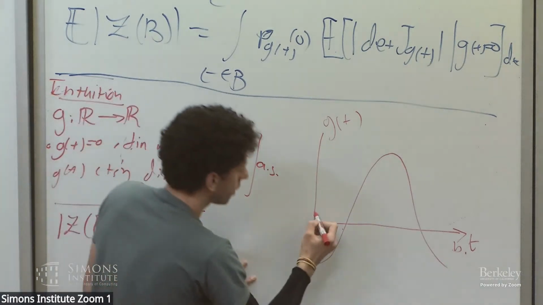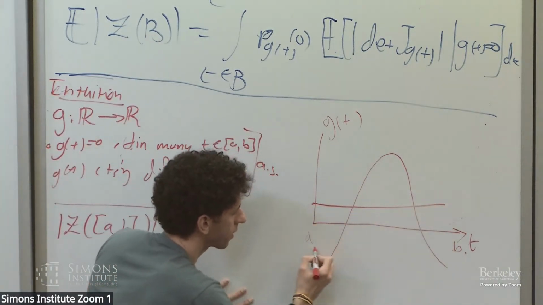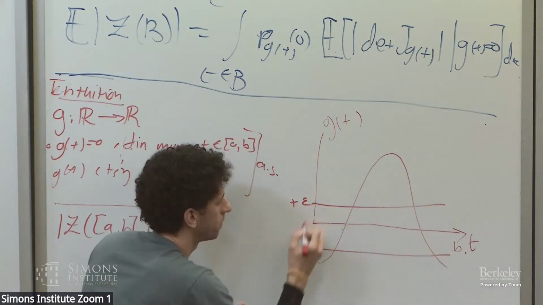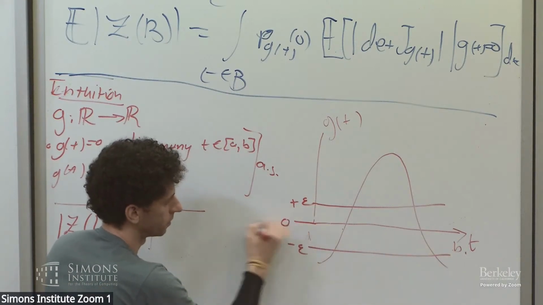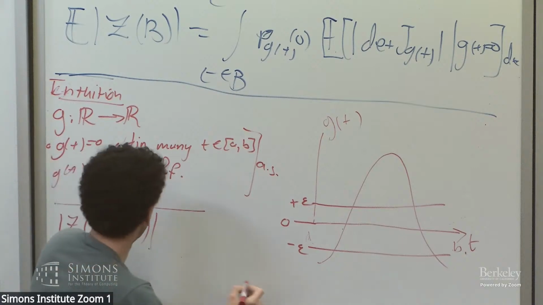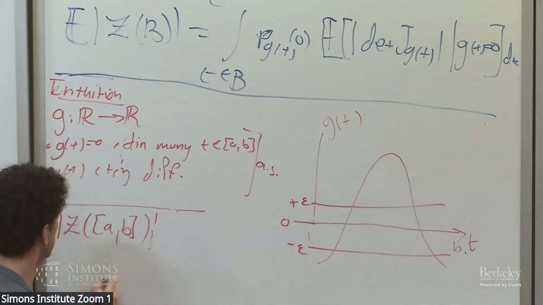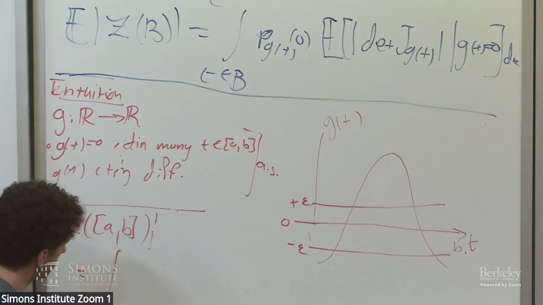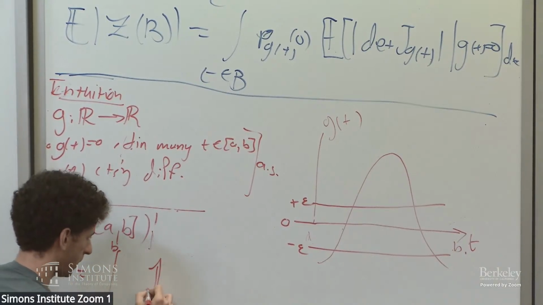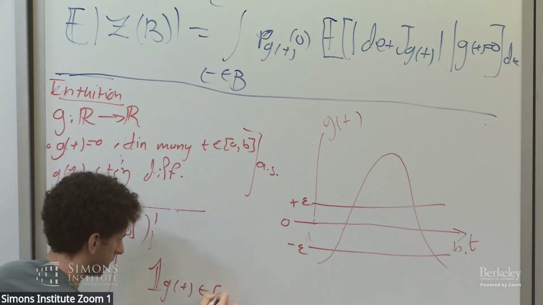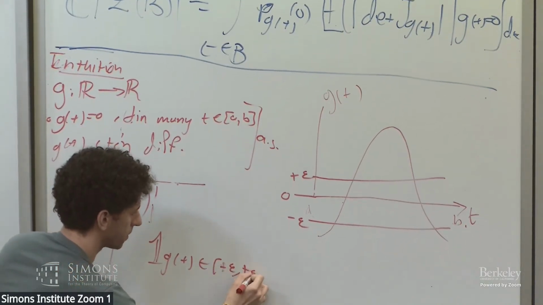I'll look at an epsilon band around zero, and integrate from A to B the indicator that G(t) is in minus epsilon to plus epsilon.